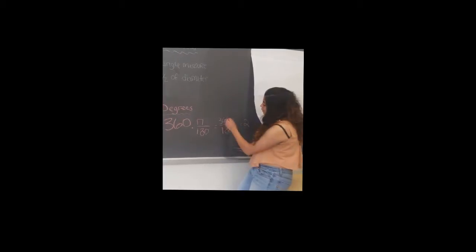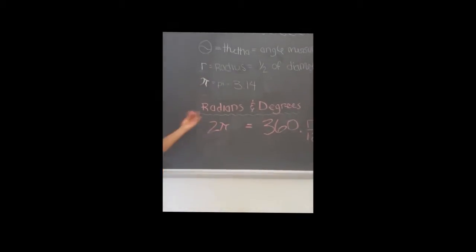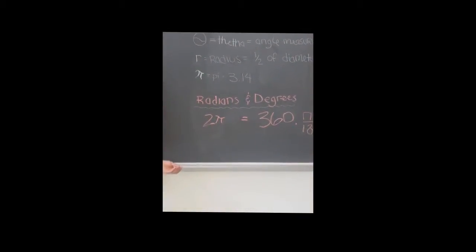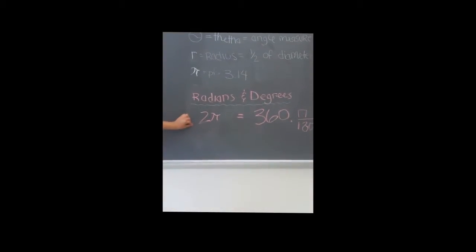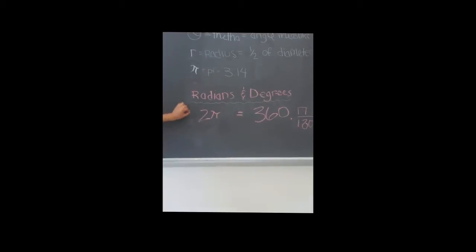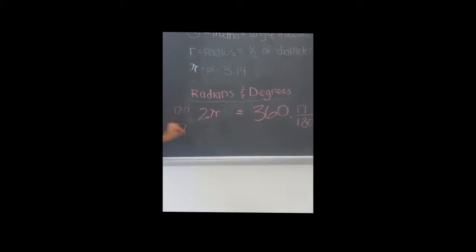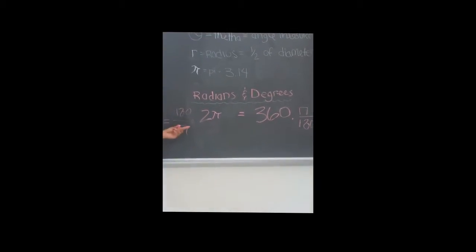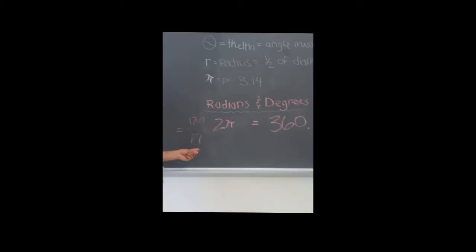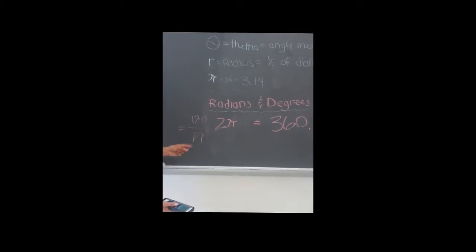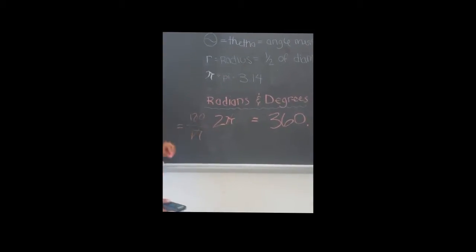Now, to find radians into degrees, it's kind of the same thing except you switch it up. So you do 180 over pi, right? And then you want to take out the pi because they are on both sides. And Ellie, before you continue, that's a multiplication sign right there, right? Yes, this is a multiplication sign.